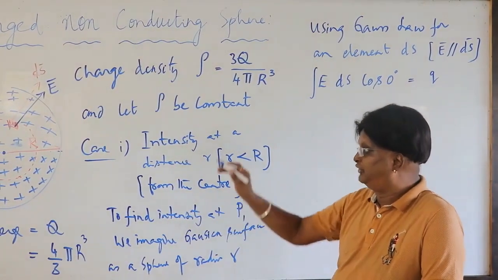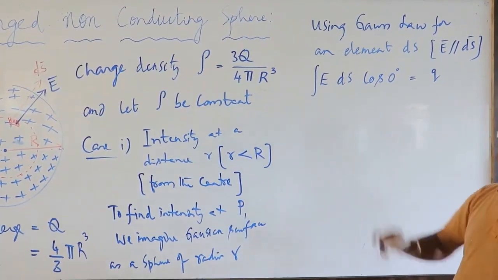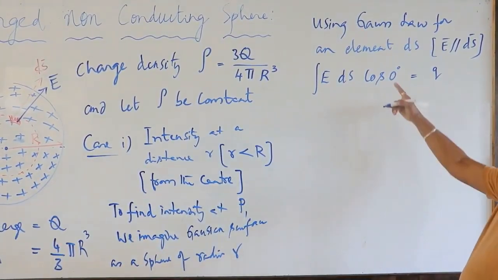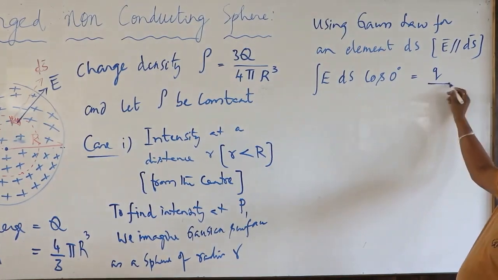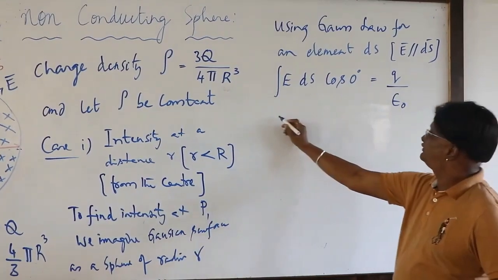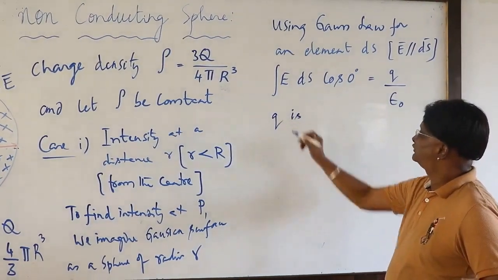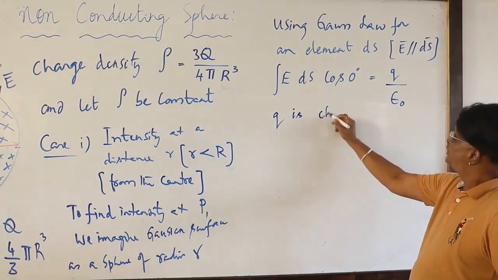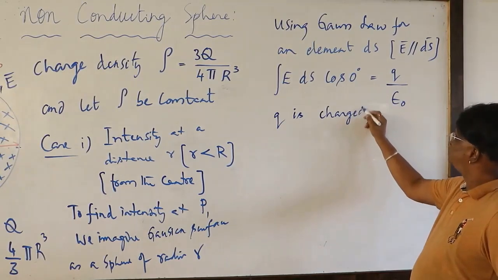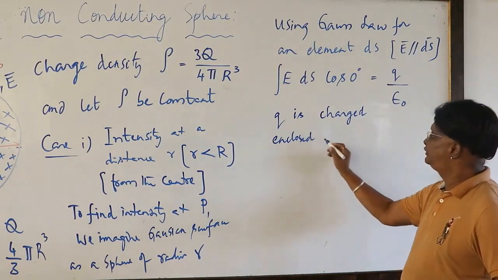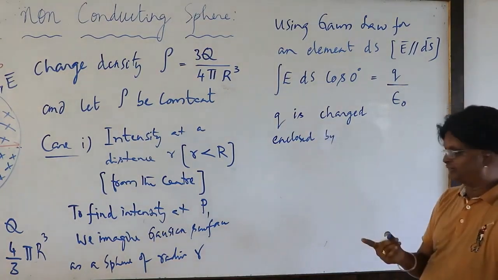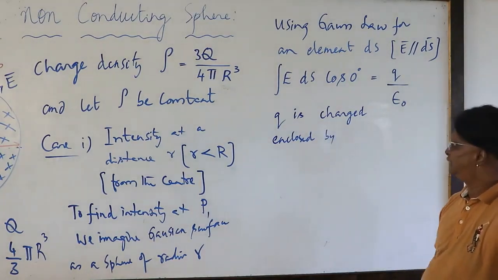So capital Q is the total charge and capital R is the bigger radius, right? Now this small q is the charge enclosed by the Gaussian surface, which is a sphere of radius r.